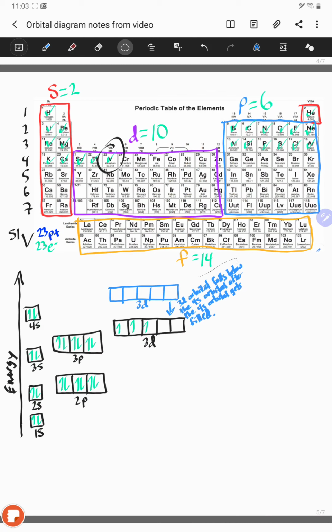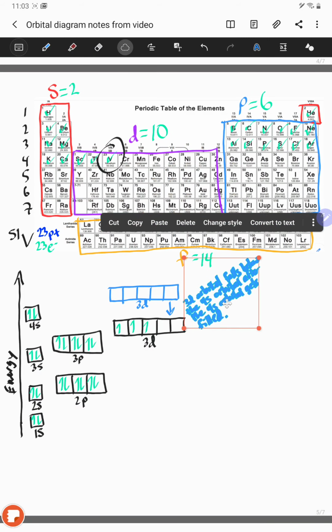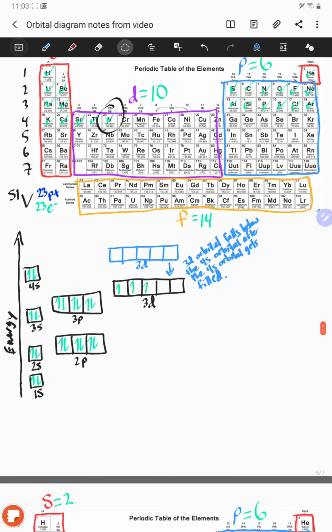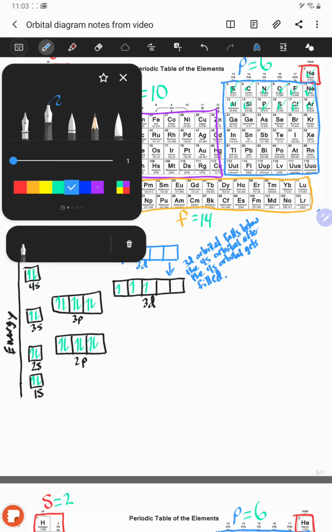And I'll make this a little bit bigger so that we can read it. All right, so we'll now draw our Bohr model after this, and I'll show you why. It'll make a little bit more sense why we did it after.